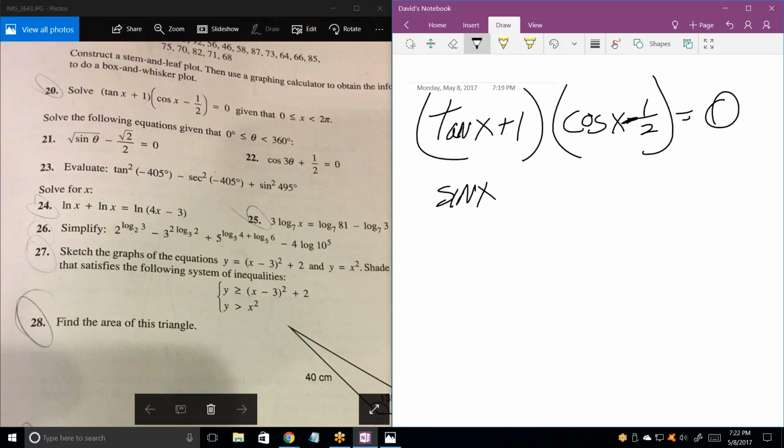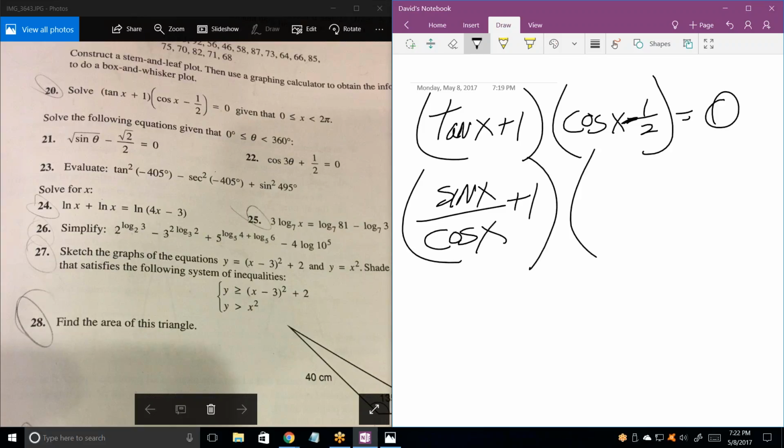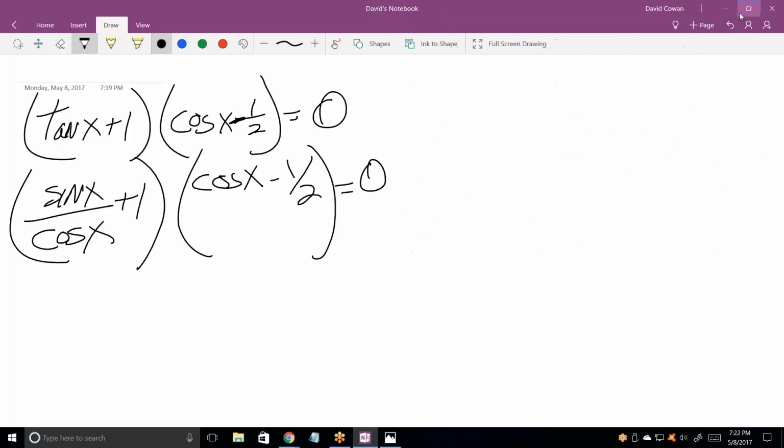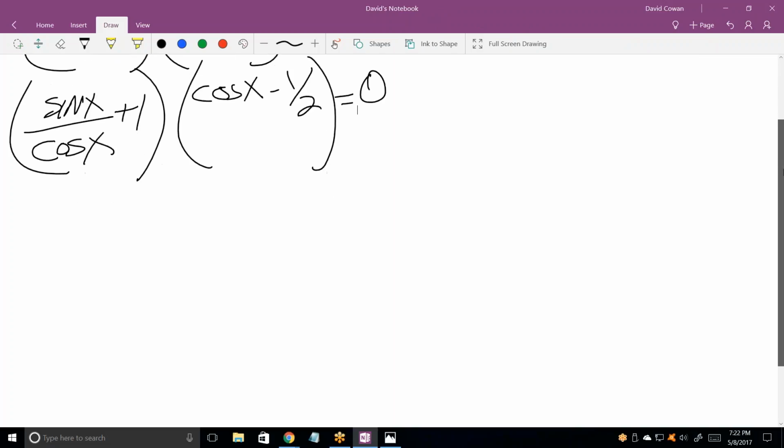Notice how that's going to help. When I multiply it by cosine, I'm going to end up with sine only, right? Now, the fact is that I have a binomial times a binomial. So I have to do this just like I would multiply a plus b times c plus d.